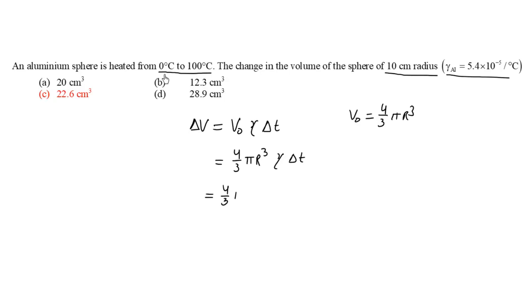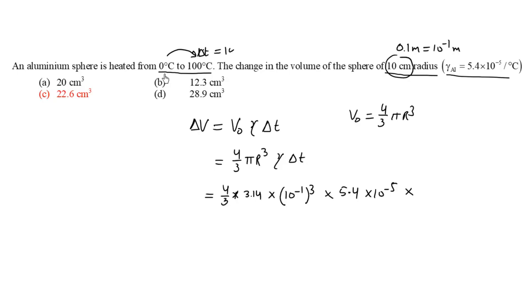4 by 3 into 3.14, and the radius is 10 centimeter, which is 0.1 meter, I mean 10 to the power minus 1 meter. So this is (10 to the power minus 1) cube, and gamma is 5.4 times 10 to the power minus 5, and the temperature change is 0 degrees Celsius to 100, so delta T equals 100.